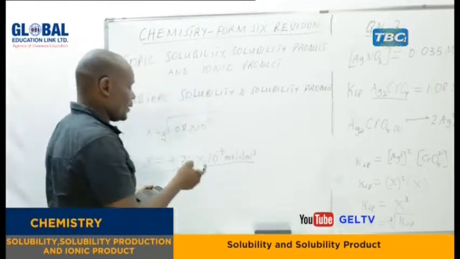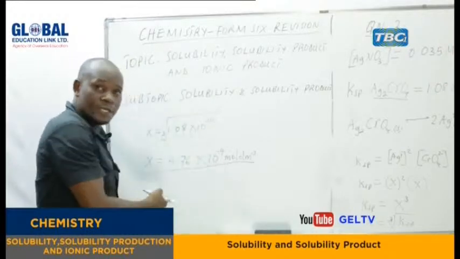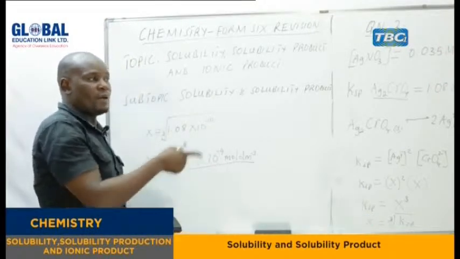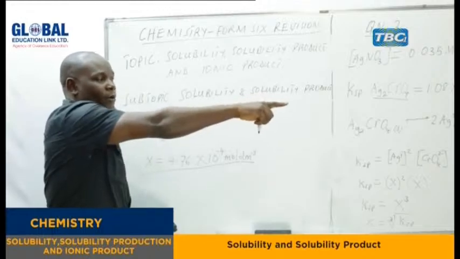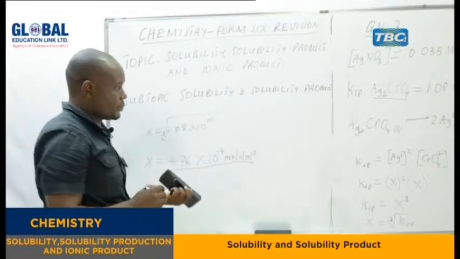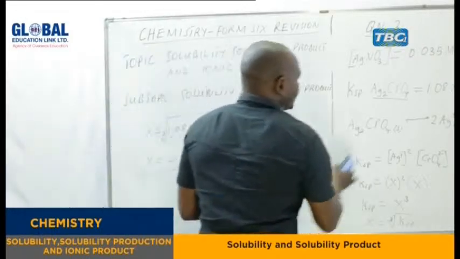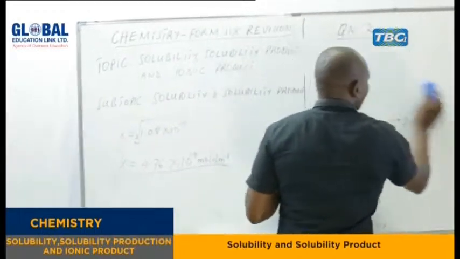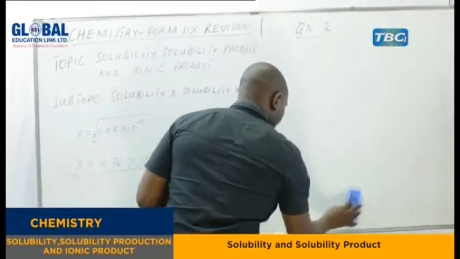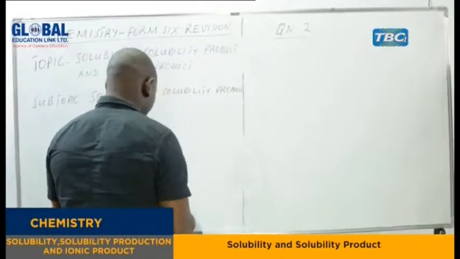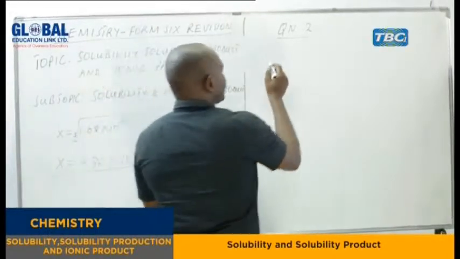So let us now find how this solubility would be affected by the common ion effect when it dissolves in silver nitrate. Our next procedure is to write the dissolution reaction of silver nitrate.